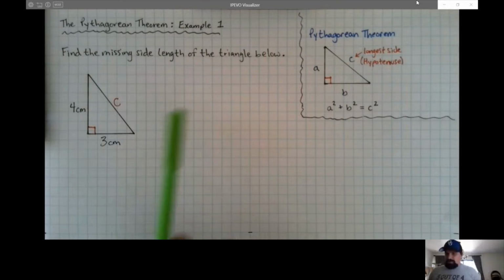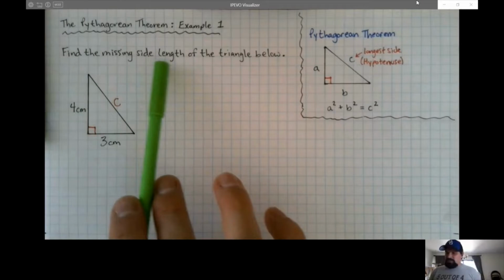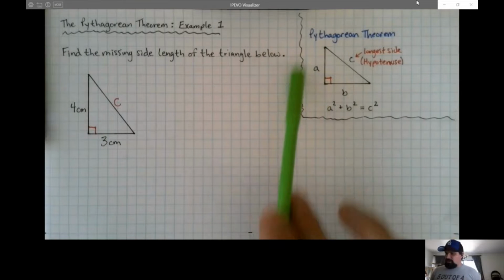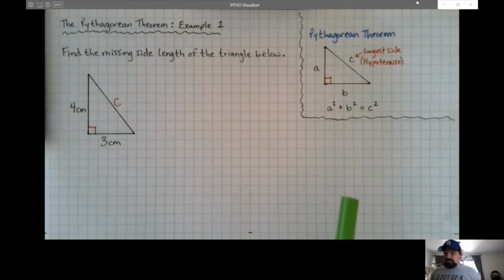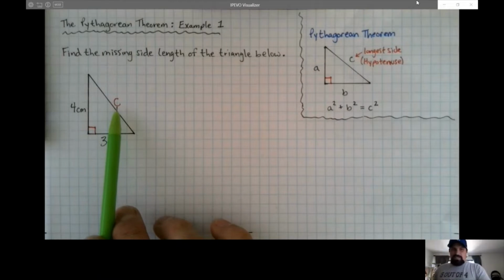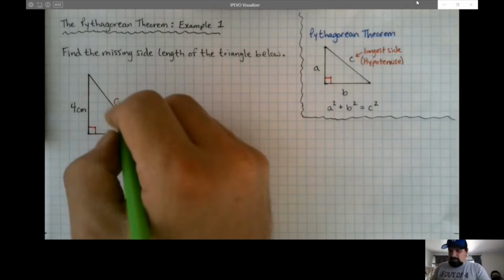So here's our first example. We have a problem. We're going to find the missing side lengths of the triangle below. I've also got the Pythagorean theorem over here for reference so that we can look back to it if we need it. So the goal is to find the length of C, which is our hypotenuse.